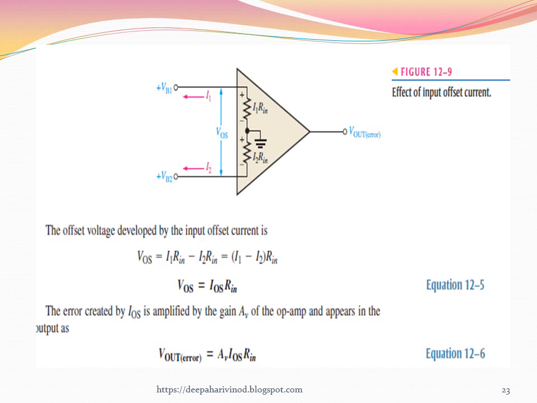Rn is common, that is the input resistance. So I can write VOS equal to IOS into Rn. The error created by IOS is amplified by the gain AV of the op-amp and appears in the output as Vout error, that is AV into IOS Rn.